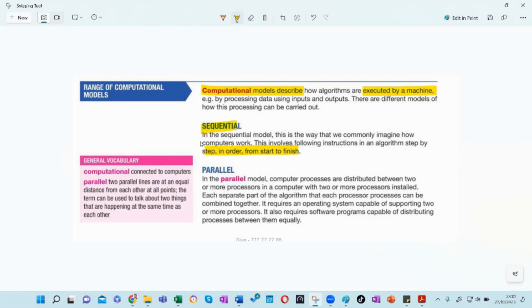For example, let's say, can you give me a real world example of a sequential model? When making a recipe, normally they'll go step by step. Okay.